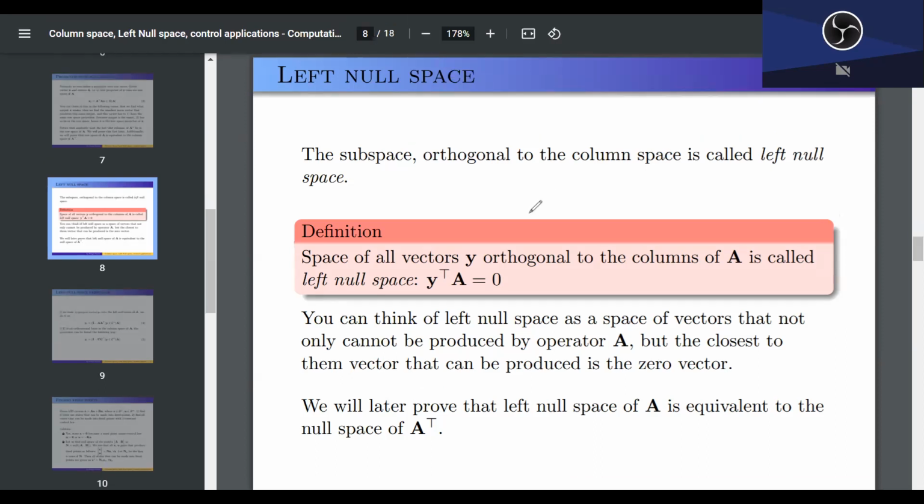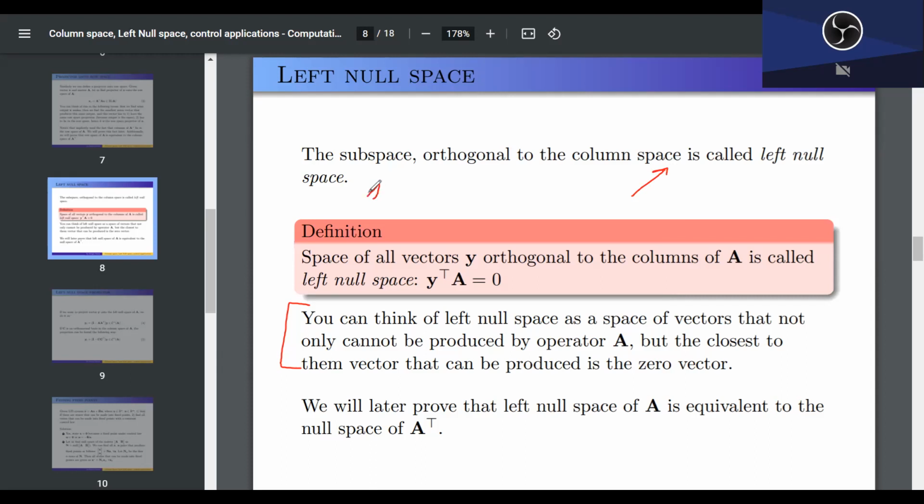So just as an example of what is meant here, what do you mean by the space of vectors that not only cannot be produced by A, but the closest vector that can be produced is a zero vector? Well, let's say A can only produce vectors in this direction.